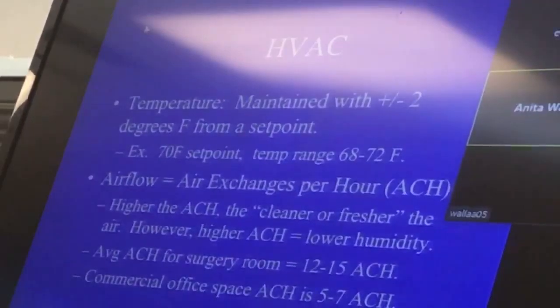But conversely, as your air exchange rate becomes higher and higher, the air becomes drier, and the dry air lowers humidity. There's a disease that you have probably heard about in your lab animal course called ringtail. Ringtail is a disease that affects rats and mice, more common in rats. And you typically only see ringtail in lower humidity environments.